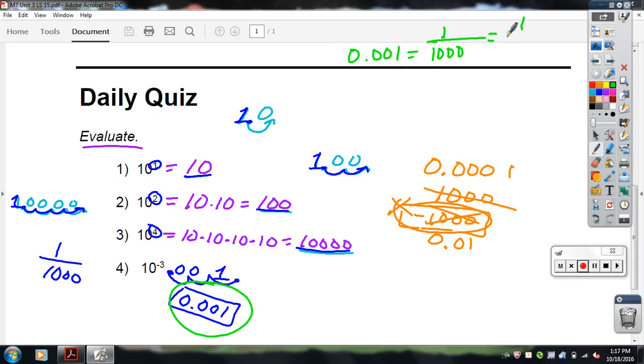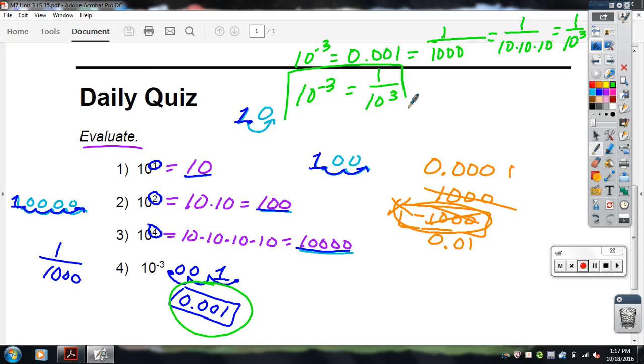Do you agree that 1,000 is 10 times 10 times 10, which is the same thing as 10 to the third? And this is 10 to the negative 3. So really, if we follow our pattern, a negative exponent just takes it and moves it to the bottom. What a negative does, it doesn't make things negative. It takes this exponent, you move it to the bottom, it becomes positive.